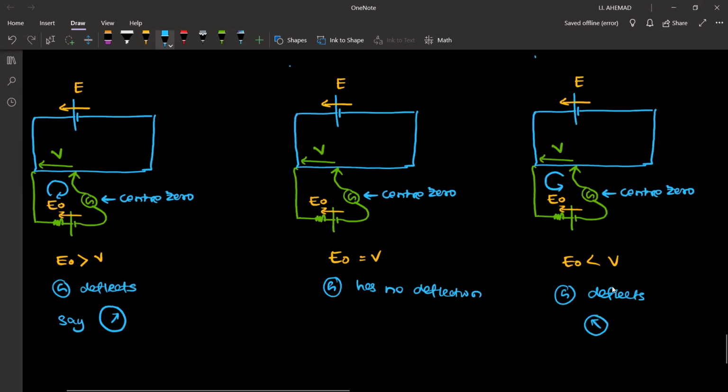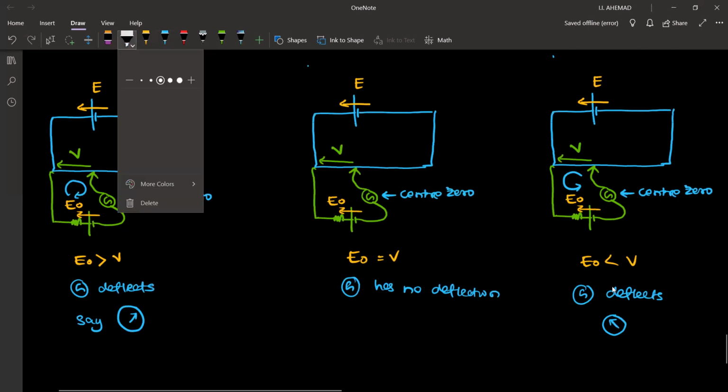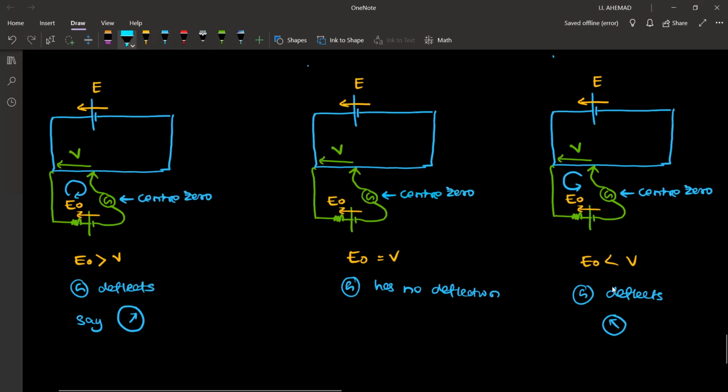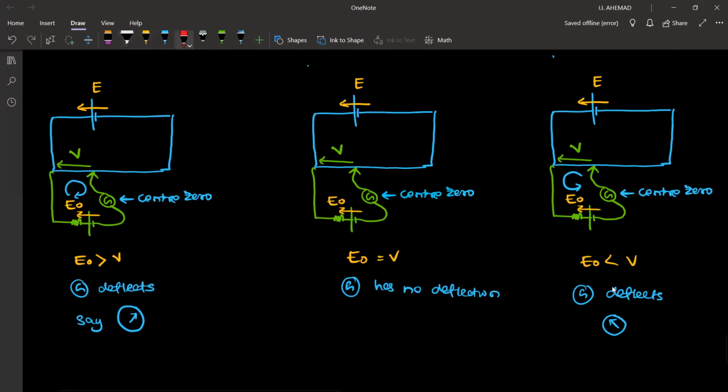So now you should have understood that using a potentiometer, you can measure the EMF of a battery. Look here, when there is no current flow, or when there is no deviation, these two are balanced.